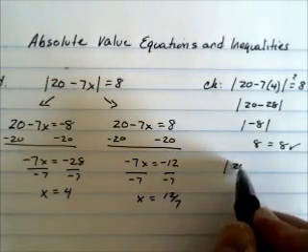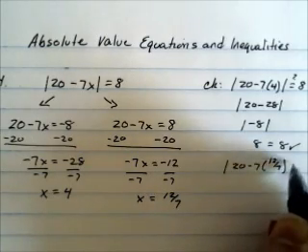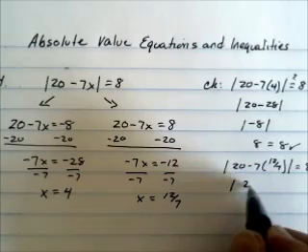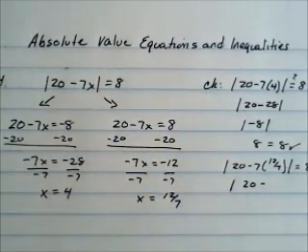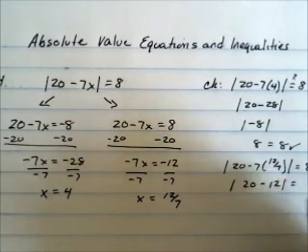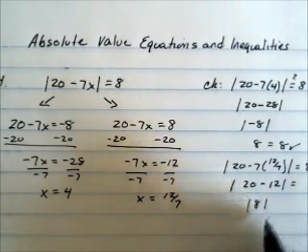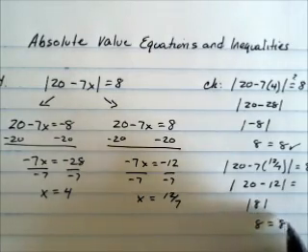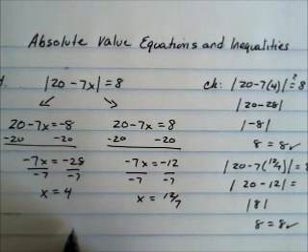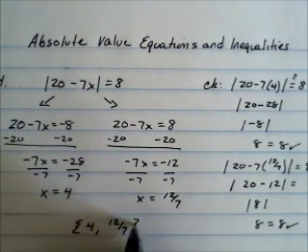And 20 minus 7 times 12/7: 7 times 12/7 is simply going to be 12, so 20 minus 12 is 8, and the absolute value of 8 is 8. So our two solutions are 4 and 12/7.